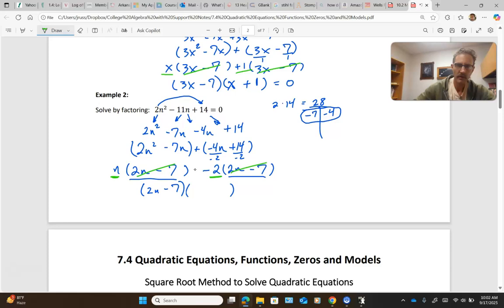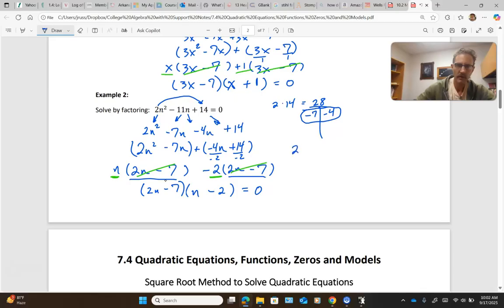So that's what we plug into our second binomial factor here, n minus 2. And then we remember that it's equal to 0, but now I have it factored. So now I can set each of these factors equal to 0, and I can determine those values for n.